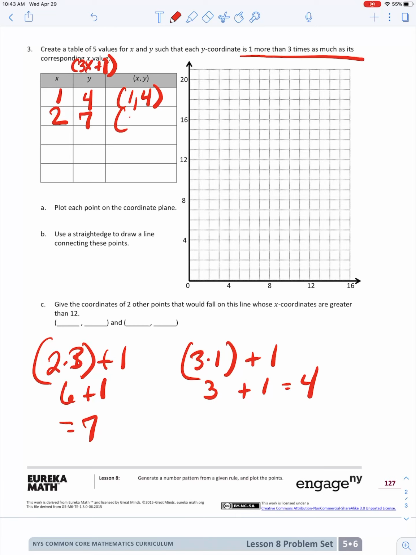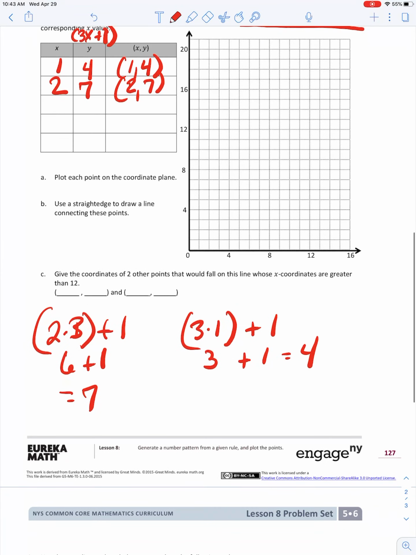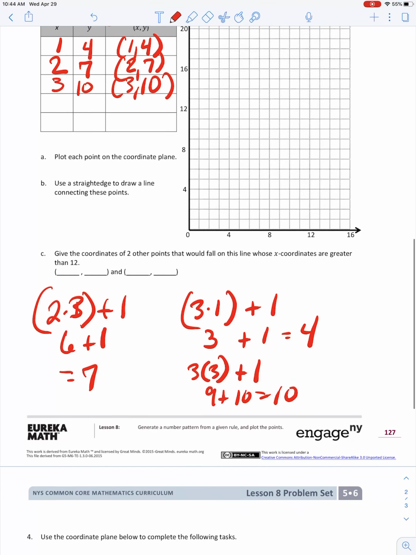So that value would be 7. So you would have 2 and 7. Let's see if I can do one more that's correct. The next value I gave you was 3. So you would simply say 3 times 3 plus 1. 3 times 3 is 9 plus 1 equals 10. And that's how you would solve for that.